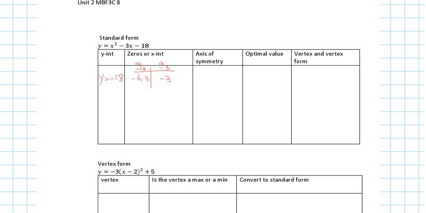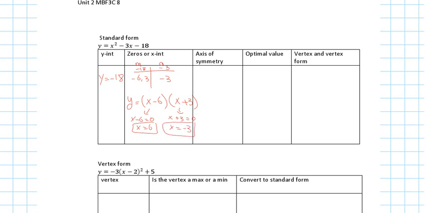All right, so then my factored form is going to be y equals x minus 6, x plus 3. Any questions about this factoring? So what are your zeros? Good.